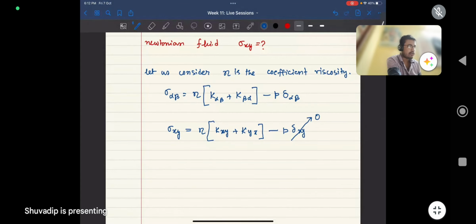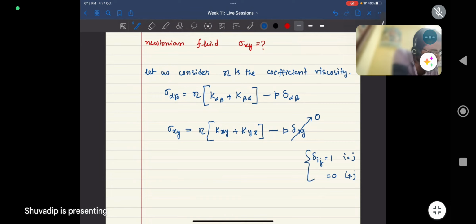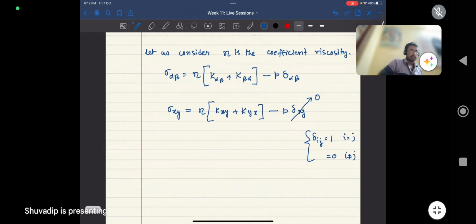Now the delta xy is 0. As you know, delta ij is equal to 1 for i equal to j, and delta ij is equal to 0 for i not equal to j. So here delta xy, i not equal to j, will be 0. And then how to write kappa?